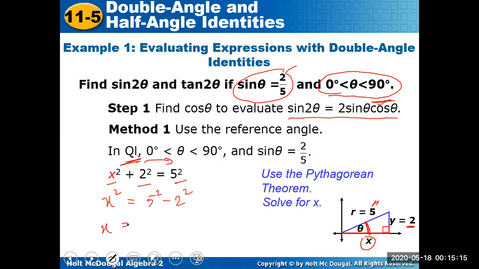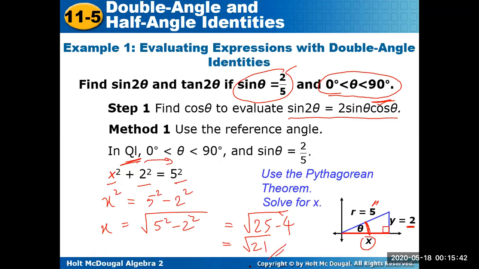X is equal to the square root of 5 square minus 2 square. 5 square is 25, so the square root of 25 minus 4, which is square root 21.